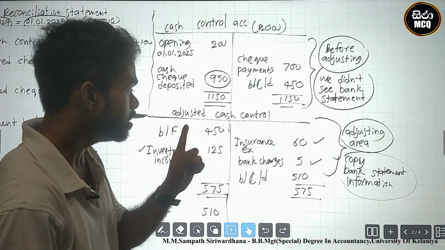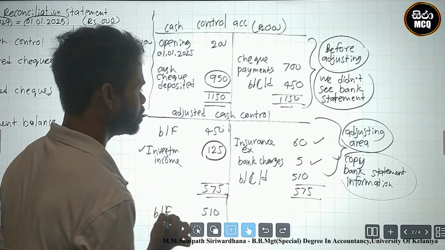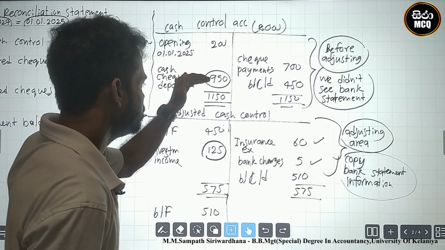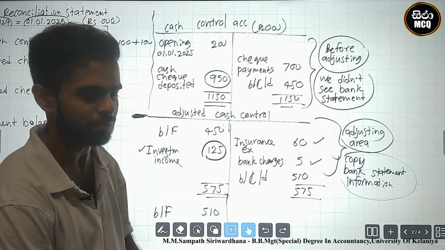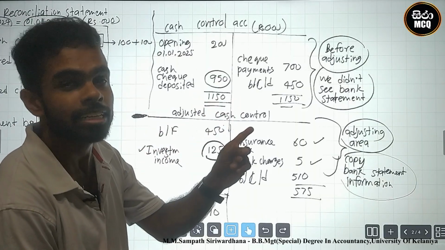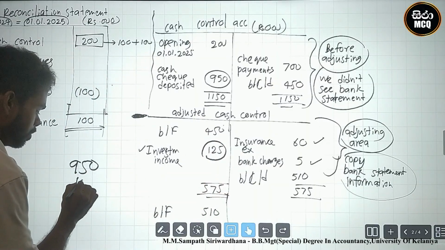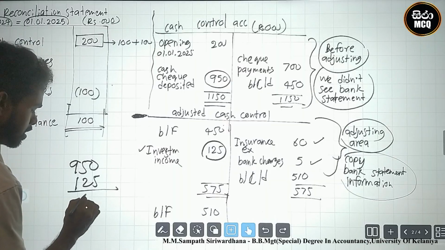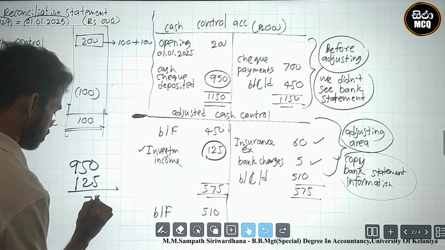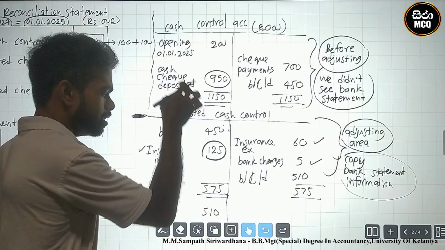After that, there is another receiving. Look here, investment income is received after the bank statement. At the month end, 950 is directly received, directly accounted, directly remitted to the bank account. This is the receiving amount. Therefore we can identify 1075 as the total receiving.